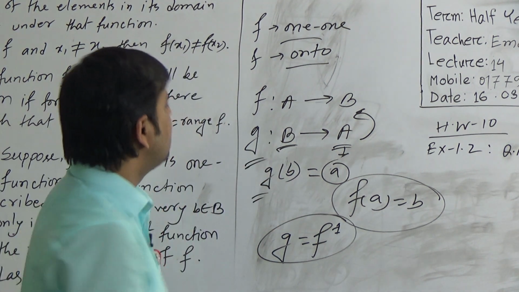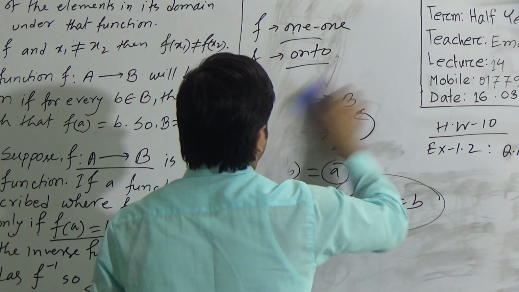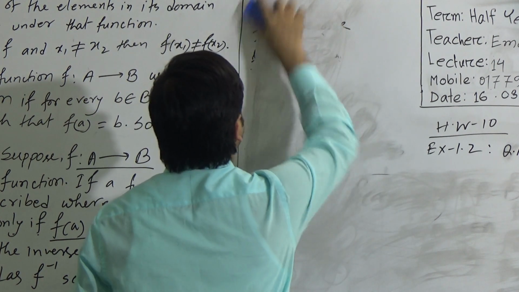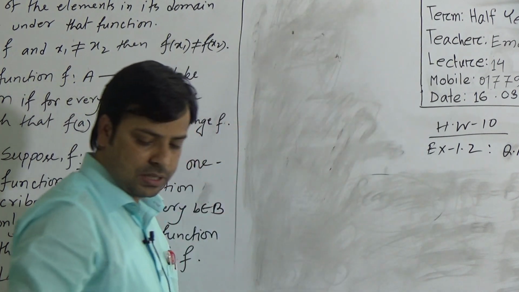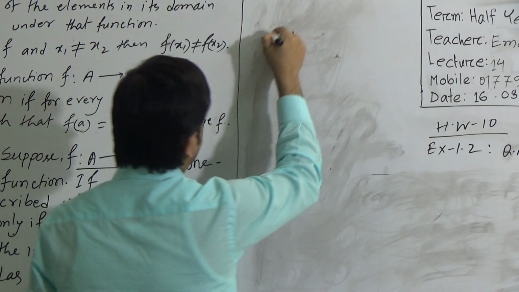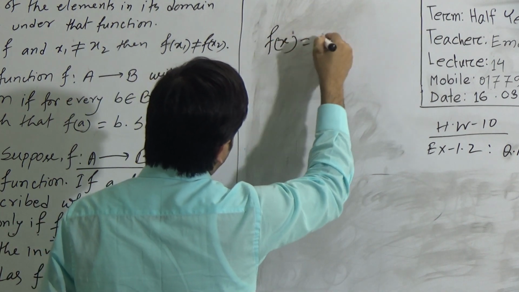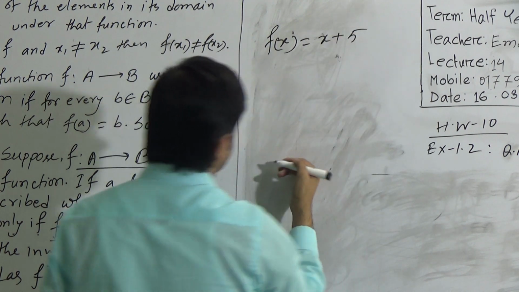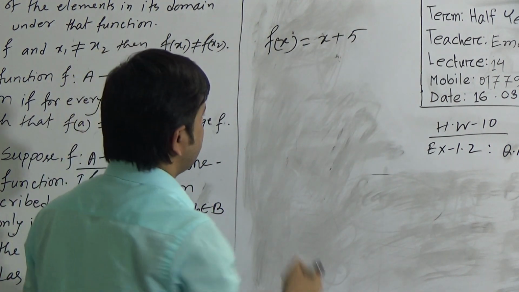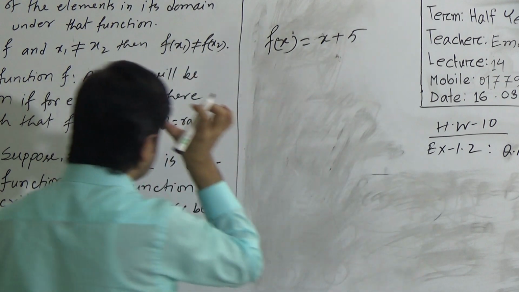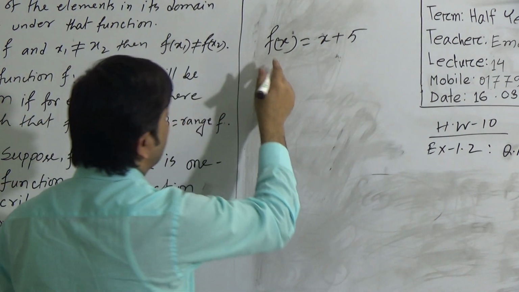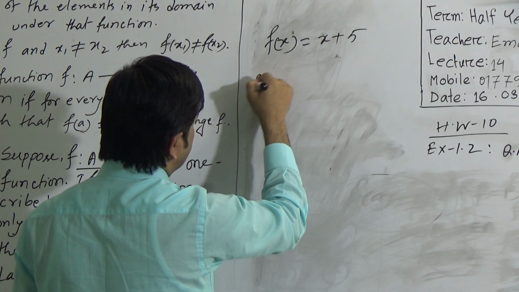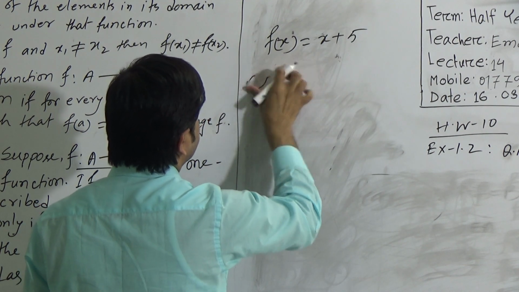Dear students, we can see an example of finding an inverse function. Now consider f(x) is a function. The function is f(x) equal to x plus 5. So in this case, what will be the inverse function of f? Suppose g is the inverse function of f, so we need to determine g.